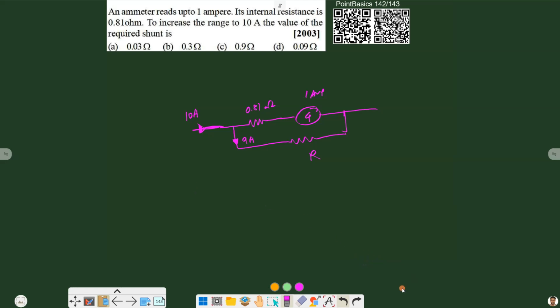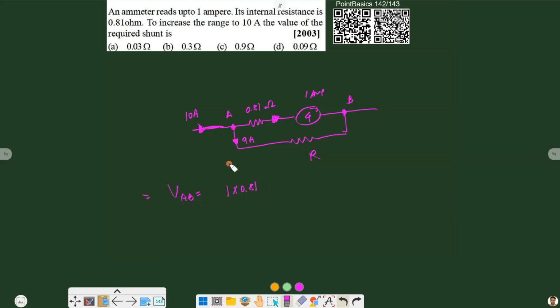Okay. So now we can easily see that if this is point A and this is point B, now from the upper side, potential VAB is equal to current passing through the upper side into resistance. Now the current passing through the upper side is maximum, that is 1 ampere. So it will be 1 into 0.1, 0.1 volt.